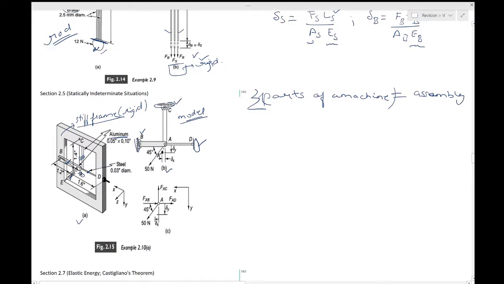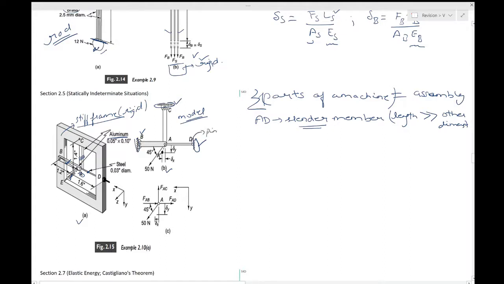So if you look at the question, you can find that AD is a slender member, meaning the length of this is very large compared to the thickness. Length is much larger compared to other dimensions, let's put it this way. So this is called a slender member. So it is said that you can assume D to be pinned.